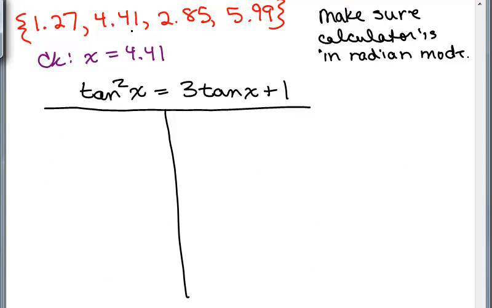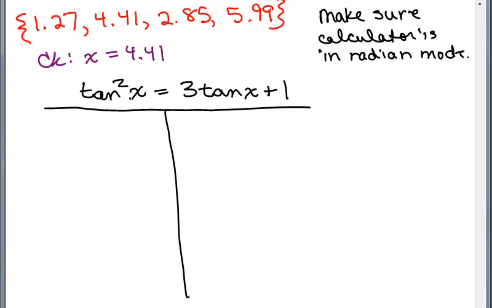So here are the 4 solutions we got, and let's just check one of them. Now remember, we rounded to the nearest hundredth, so it is not going to be exact, the left-hand side and the right-hand side. But we're trying to see if we're in the ballpark. If we had gone out to maybe 5 or 6 decimal places, we would get closer and closer.